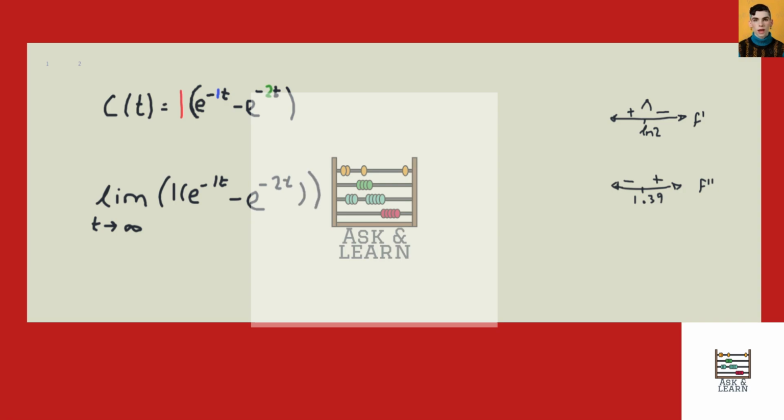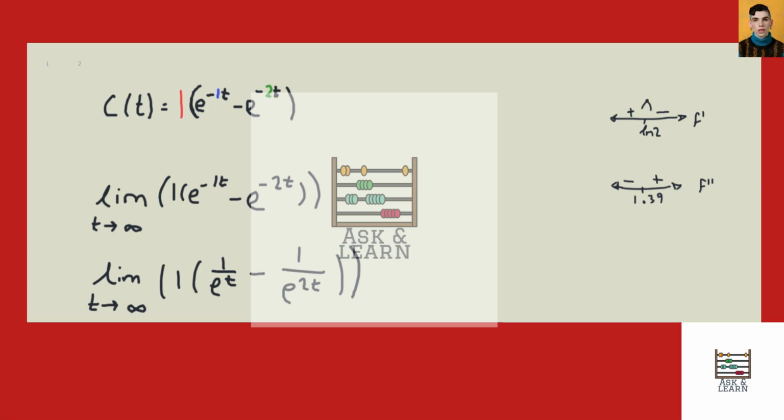I'm going to rewrite this in a way that looks easier to understand. So this is the same thing as 1 over e to the t, because it's a negative exponent, we bring it to the denominator. So 1 over e to the t minus 1 over e to the 2t. So this is the same thing.